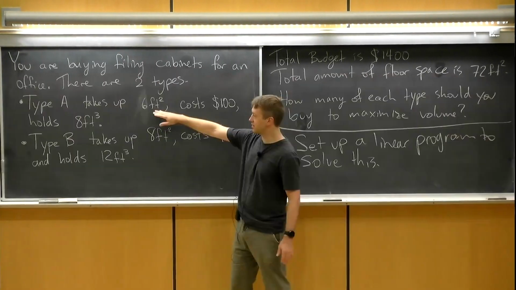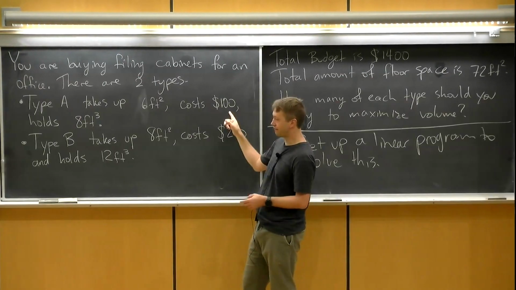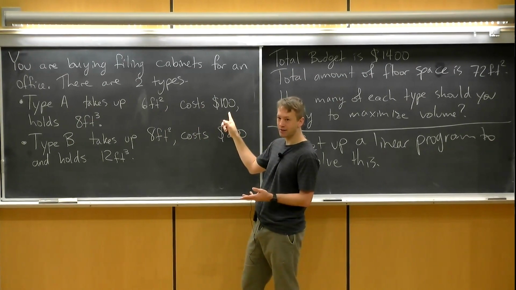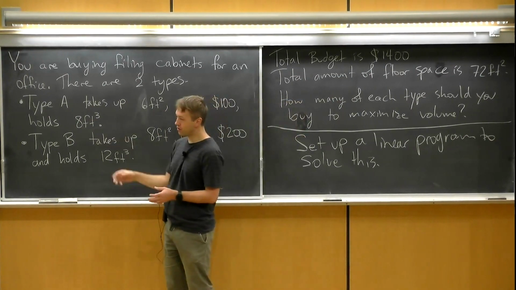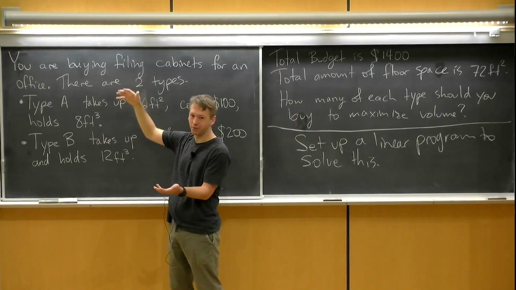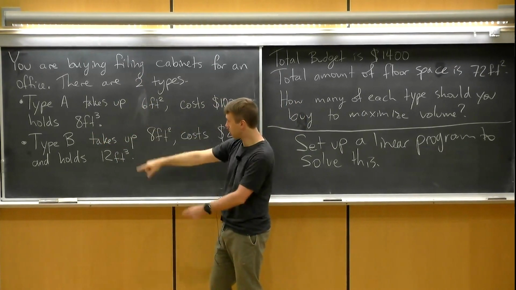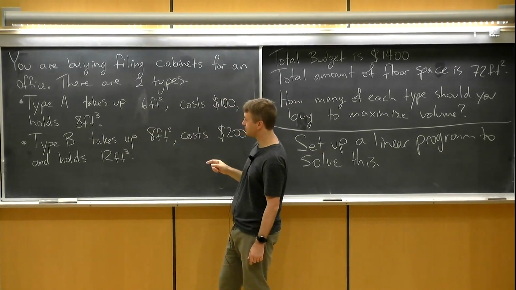So this takes up 6 square feet of floor space. Every one of these cabinets costs $100, and it holds 8 cubic feet of whatever you want, like files. So the volume is this, the area on the floor is this, and it costs $100.